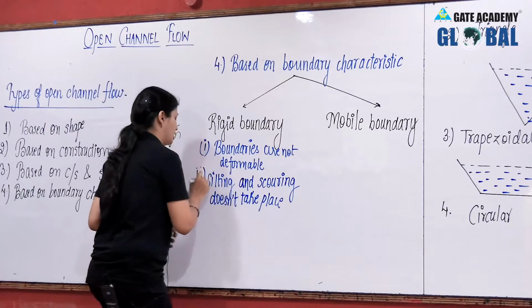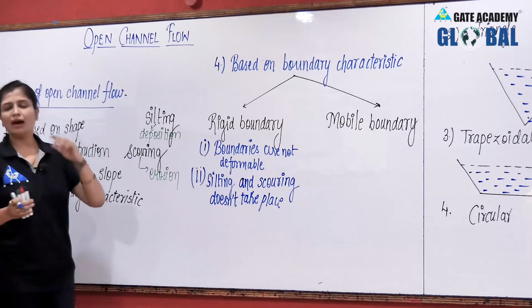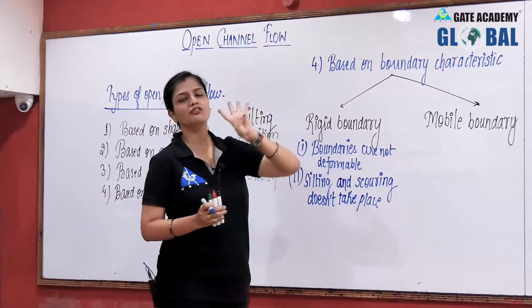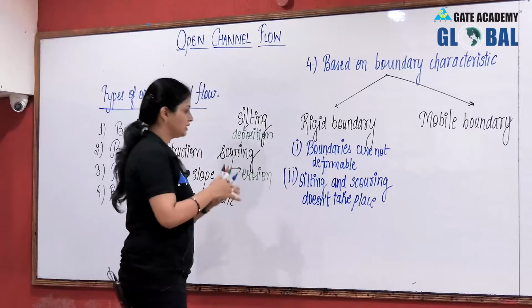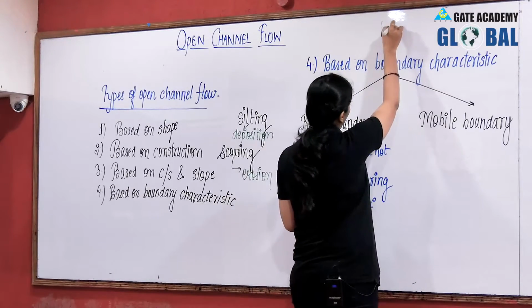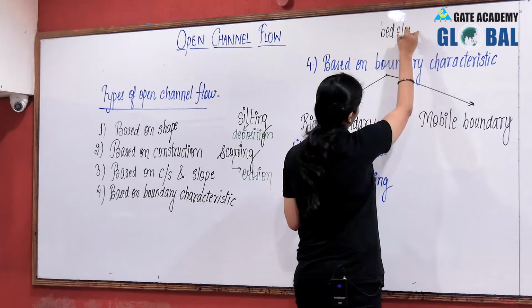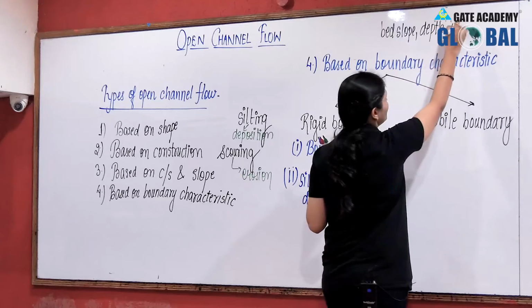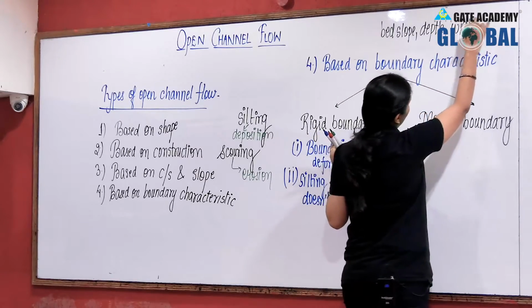Fine. Now, when you are dealing with boundary characteristics, there are 4 parameters. That is, I'll tell you, your bed slope, depth, width, and layout.